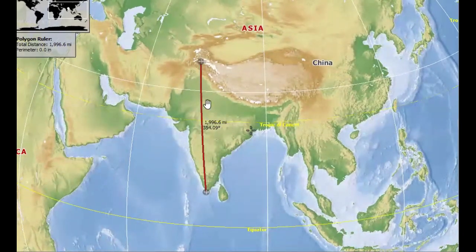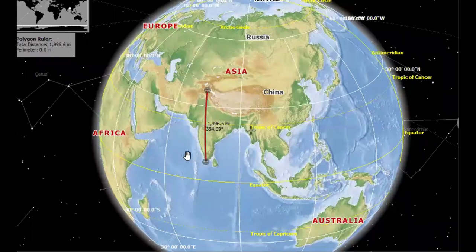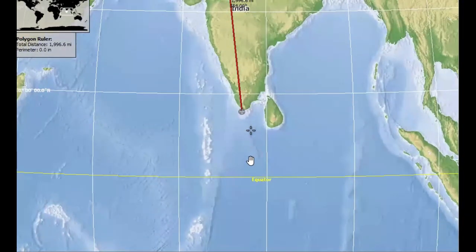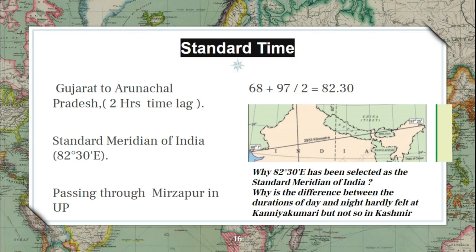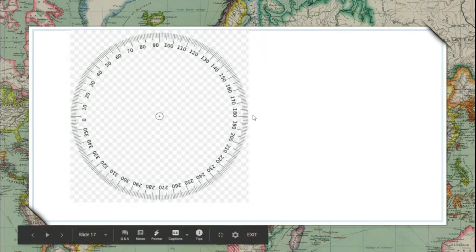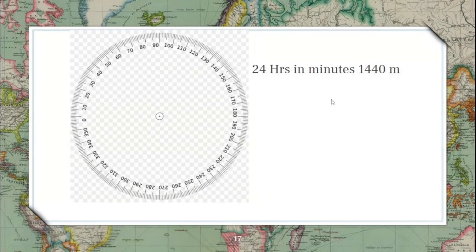Let us see how we calculate these time differences. When we look at the globe, in a day we have 24 hours. If we convert 24 hours into minutes, we will be getting 1440 minutes. That means in a day we have 1440 minutes. If you divide these 1440 by 360 degrees, then for each longitudinal line there will be 4 minutes difference.